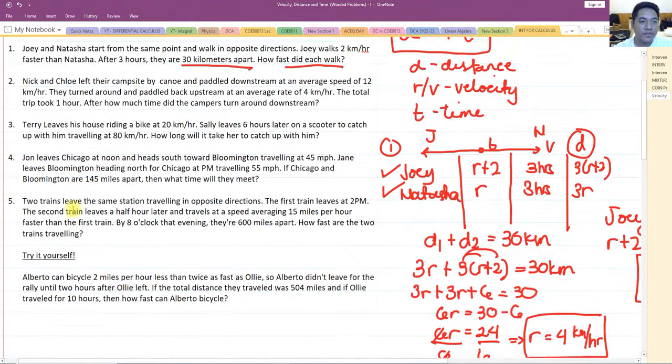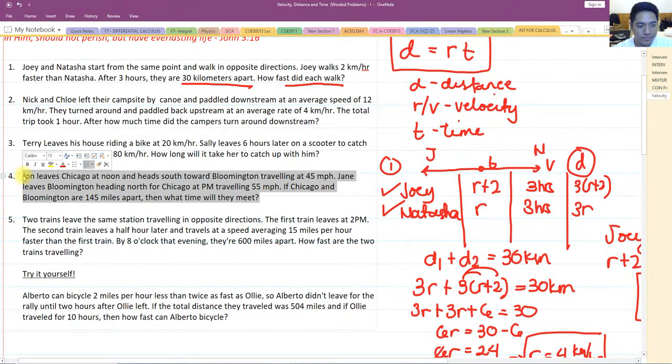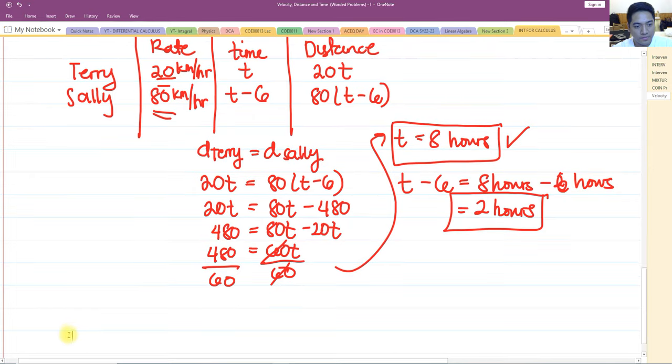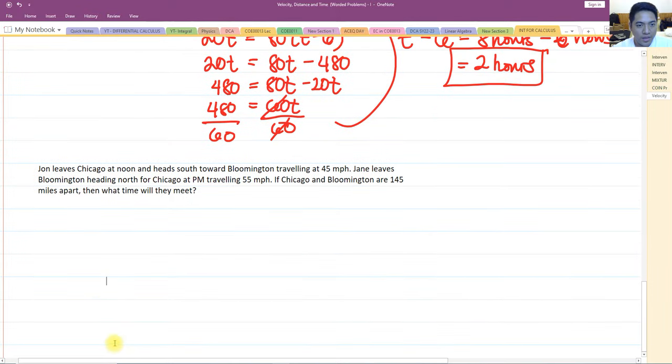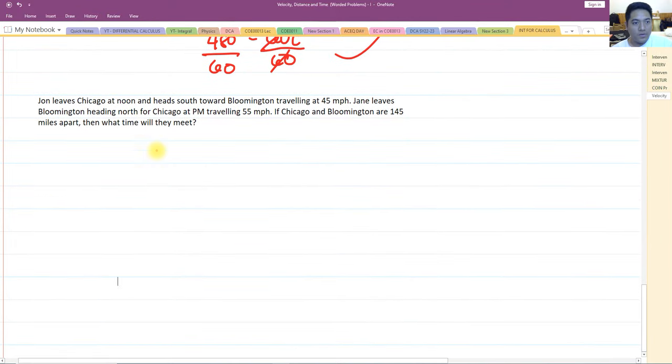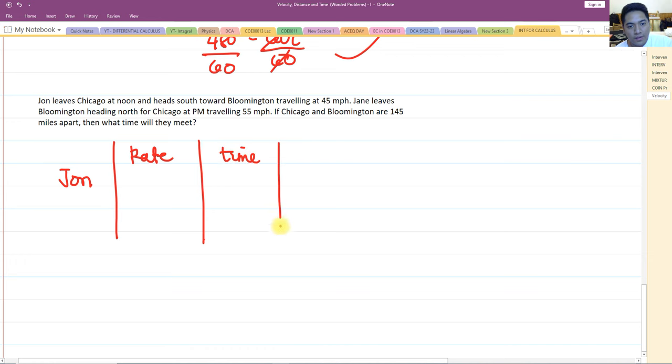Okay, so number 4. John leaves Chicago at noon and heads towards South Bloomington, traveling at 45 miles per hour.